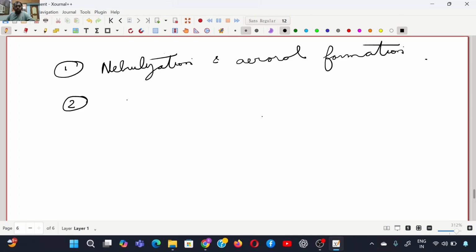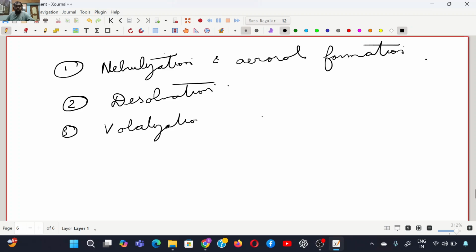Next step is desolvation. In this case, the water or the solvent around the ions evaporates and the droplet shrinks, leaving behind solid salt particles. After that comes volatilization.